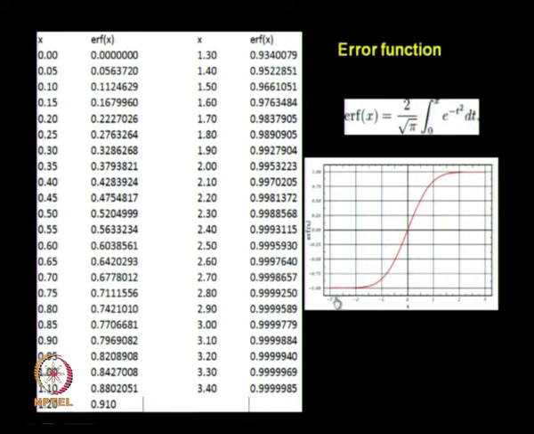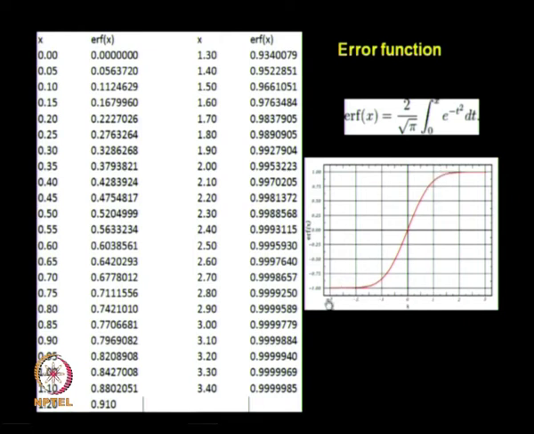So as x varies like this, error function looks like this. So it is very low, that is -1, and it rises sharply, it is like a sigmoidal curve, and then after some value of x it reaches 1 and it remains constant. So the error function, that is the left hand side, varies between -1 to +1, okay, like this.